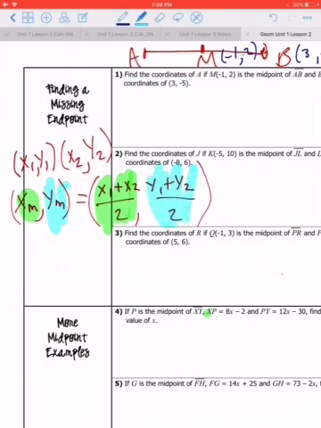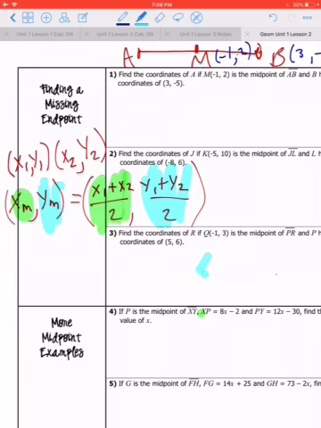So you kind of have to do x on its own and y on its own, alright? And then, what's important here is that our x's go together and our y's go together in two separate equations. So you can't do the whole midpoint formula together. Alright, so let me show you.